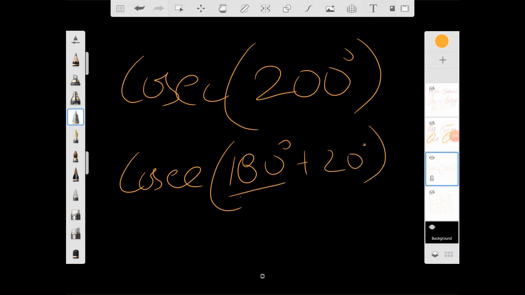Now 180 degrees means the function doesn't change, so the answer will be cosec of 20 degrees. Now the value will be positive or negative: 180 plus theta means third quadrant. In the third quadrant, cosec is negative, so this will be negative cosec 20 degrees. So this is how you do it.